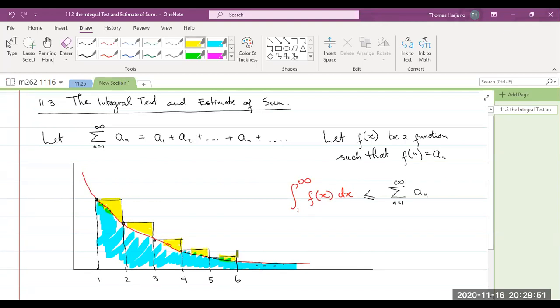Right? Does it make sense? Okay, so the infinite series is actually greater than the integral from 1 to infinity. Is it okay?